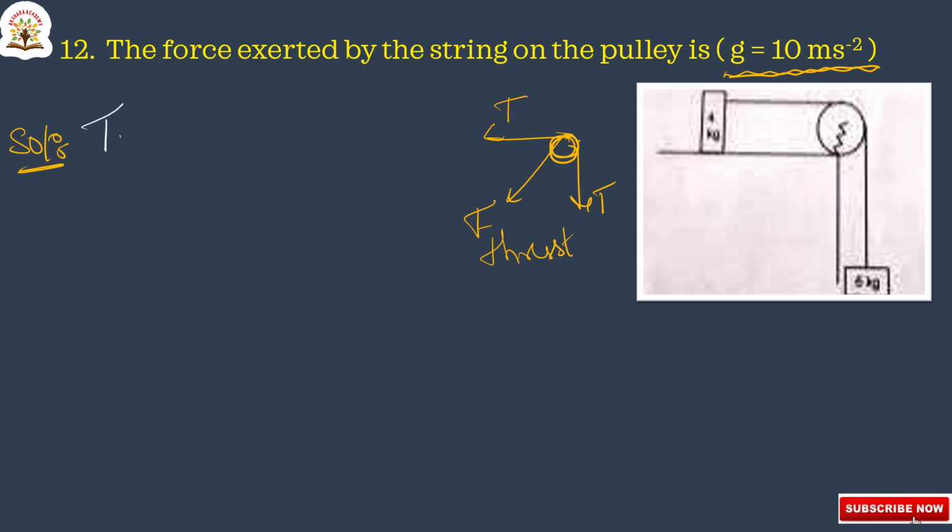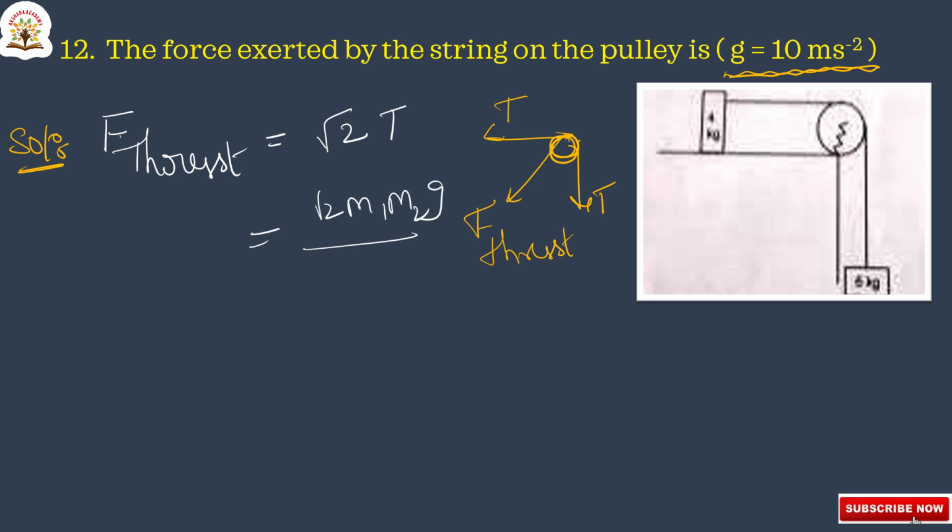F thrust is equal to root 2 into T. So root 2 T is nothing but root 2 into m1 m2 g by m1 plus m2.